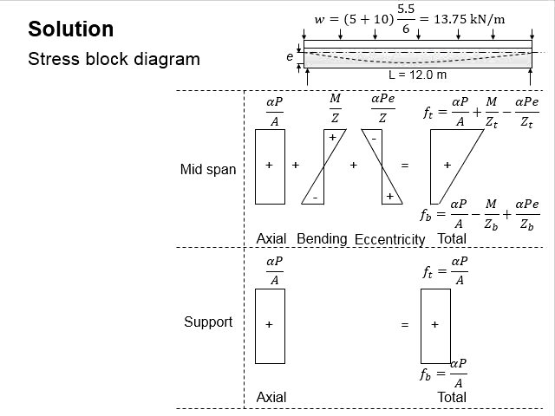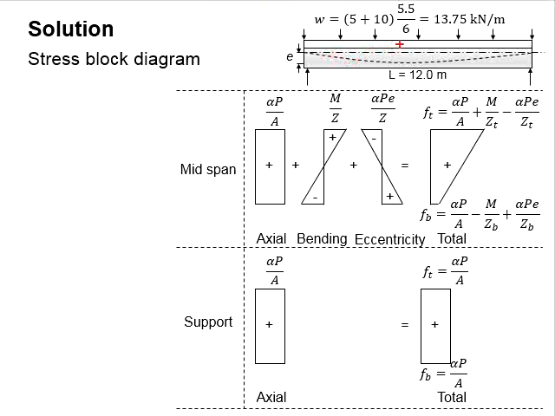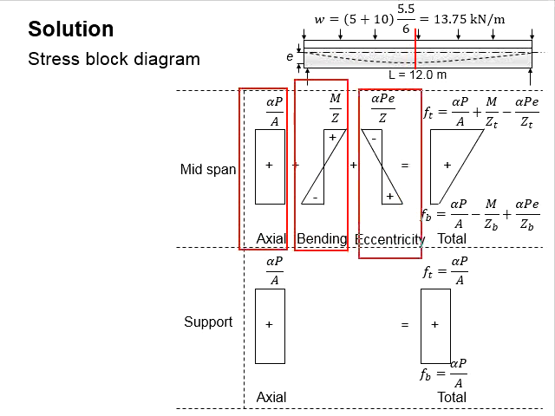The question asks us to construct the stress plot diagram for the midspan and the support. For the midspan of the member, there will be axial stress, bending stress, and also stress due to the eccentricity.